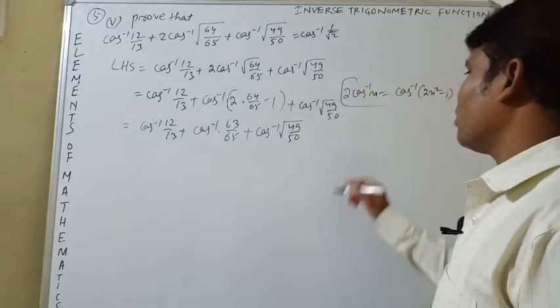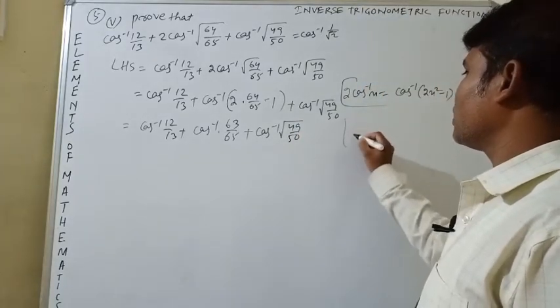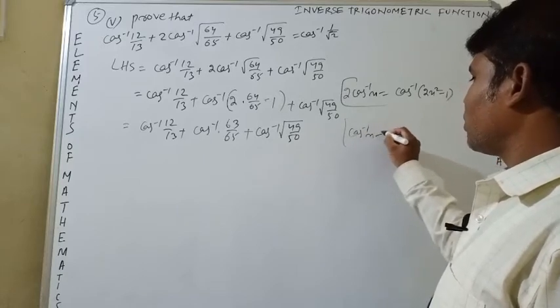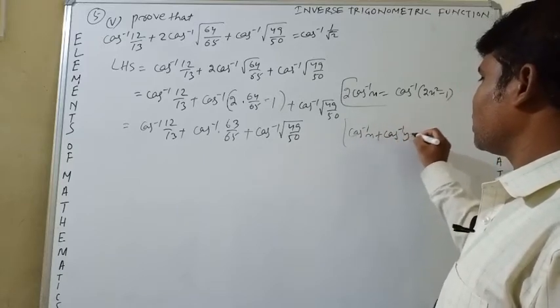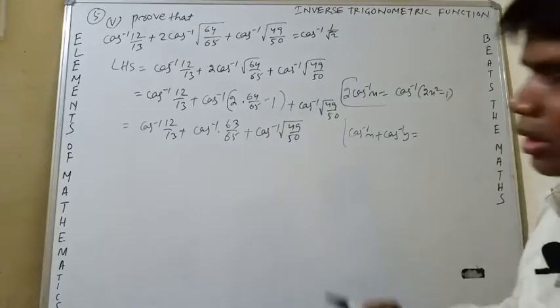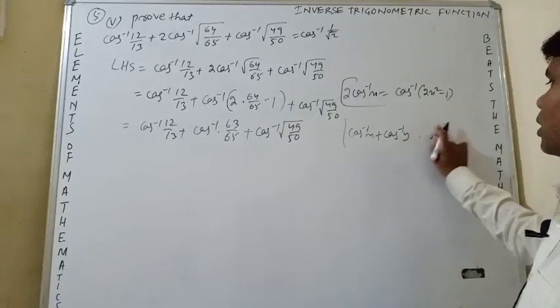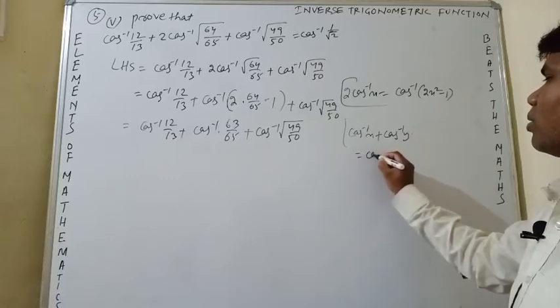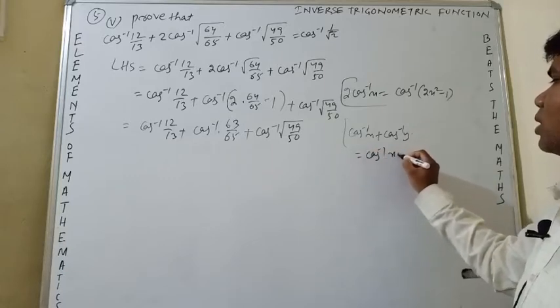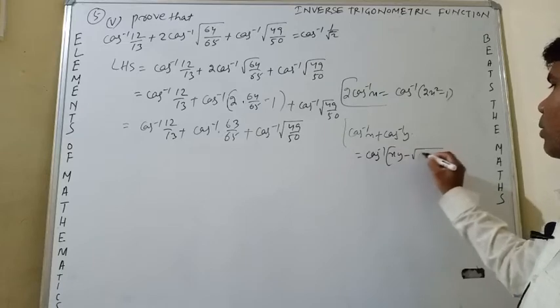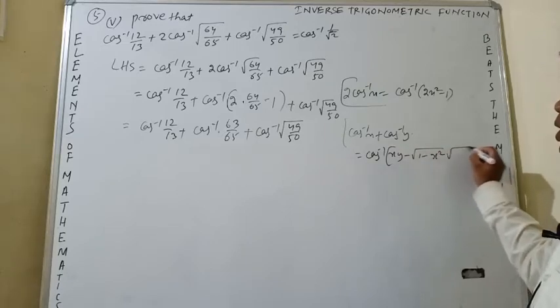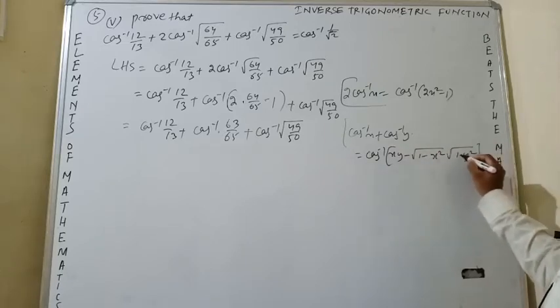Okay, now I can use the formula: cos inverse x plus cos inverse y is equal to cos inverse (xy minus root over (1 minus x square) into root over (1 minus y square)).